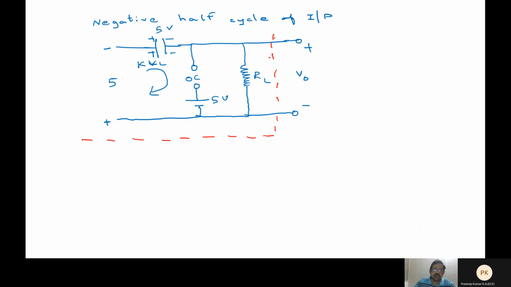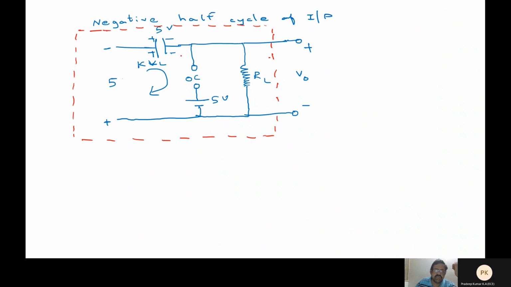The capacitor retains the charge, and there is no way the capacitor is going to discharge, because the discharging time is so long compared to the input signal. So this is 5 volt.